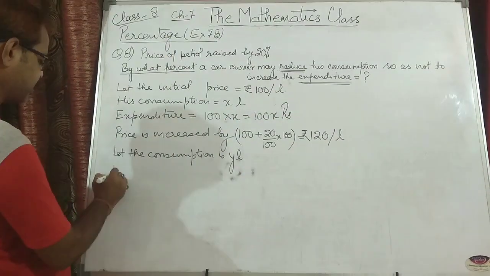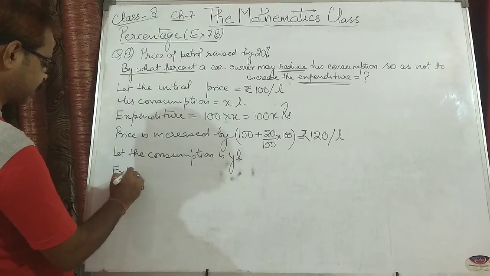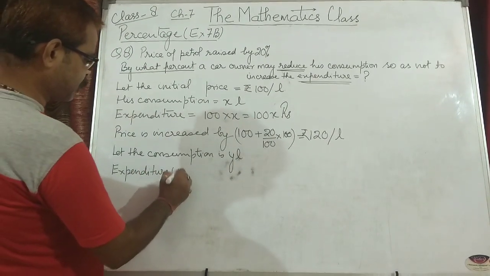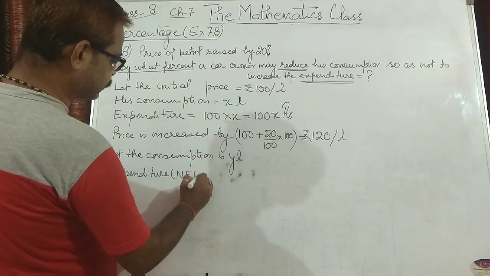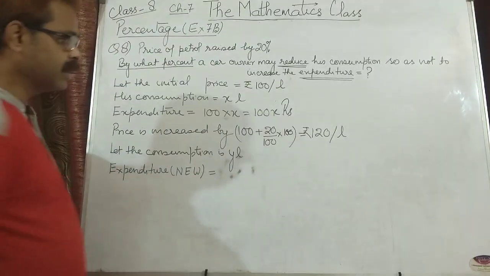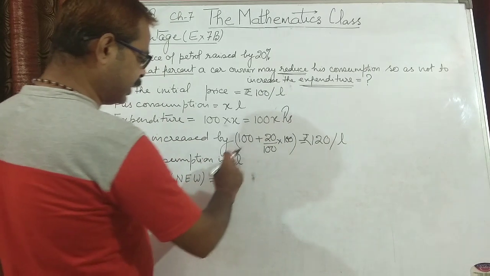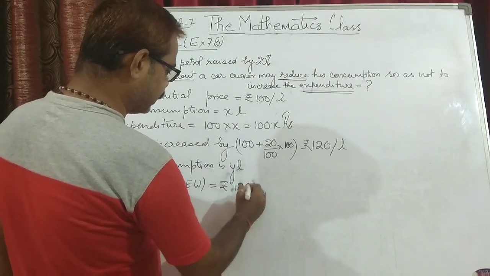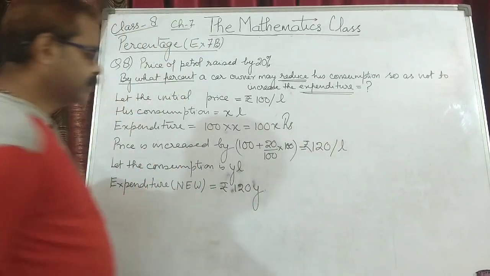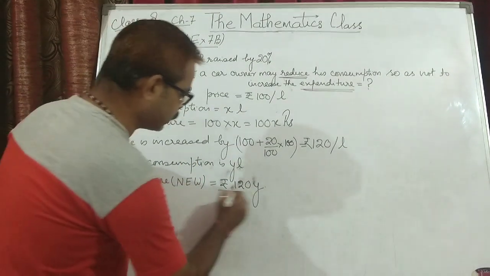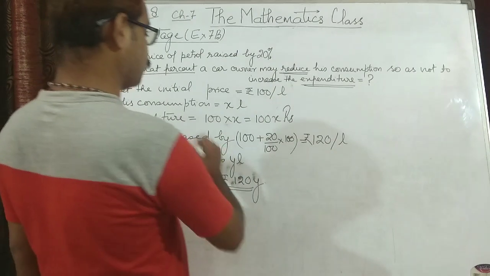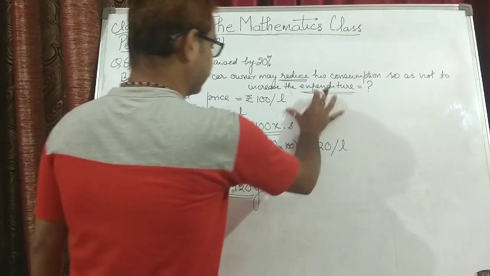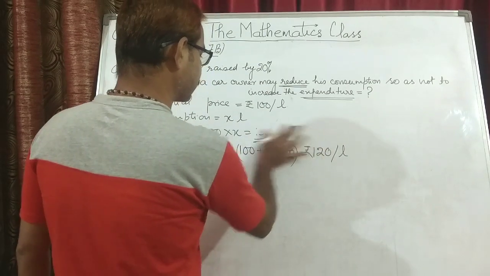So the new expenditure, after the prices have been increased, is 120 into Y rupees. This is the new expenditure, whereas this was the old expenditure.